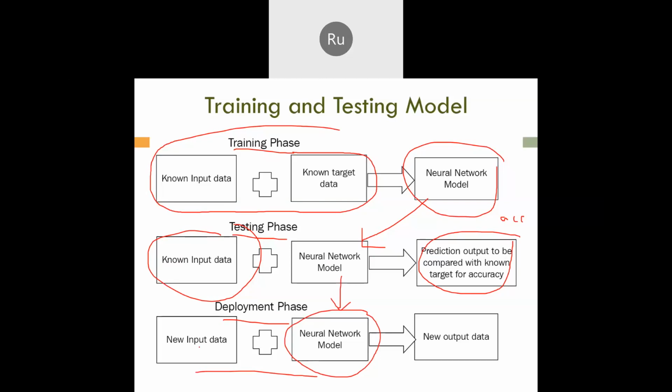Then you have new input every day and you can perform prediction. Always remember that in supervised learning, we need to have training and testing. We will show step by step how you perform the training and testing for classification.